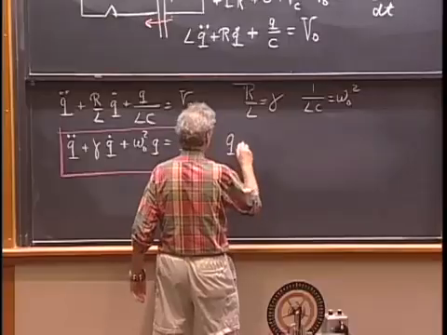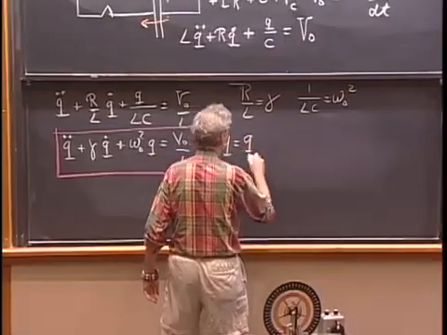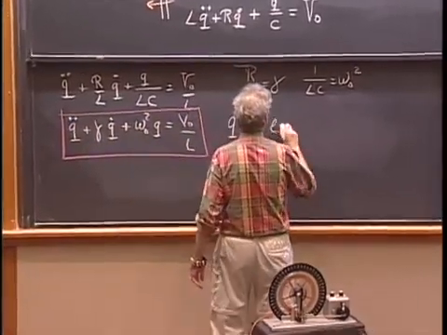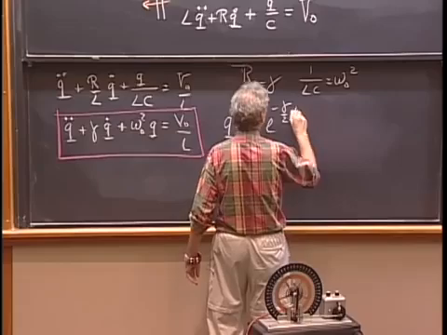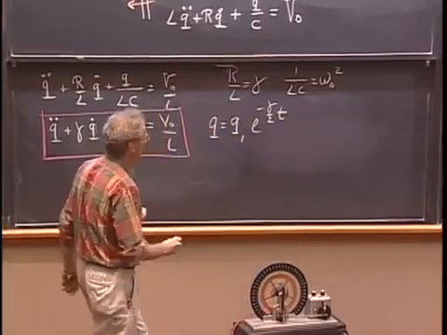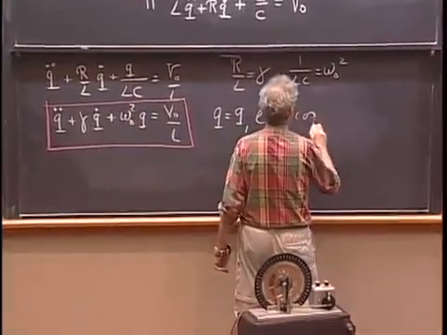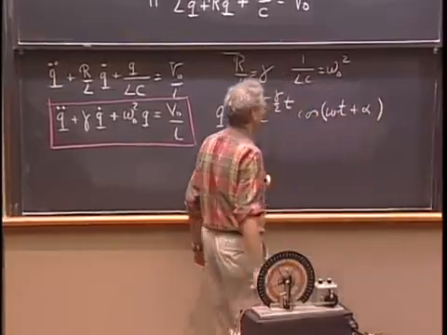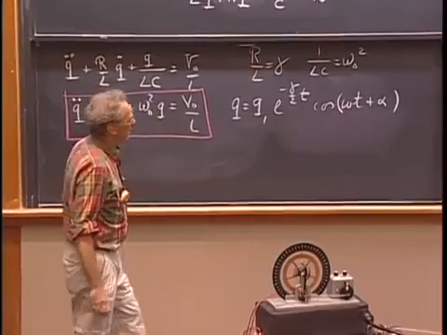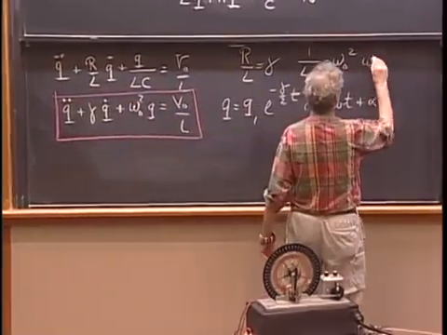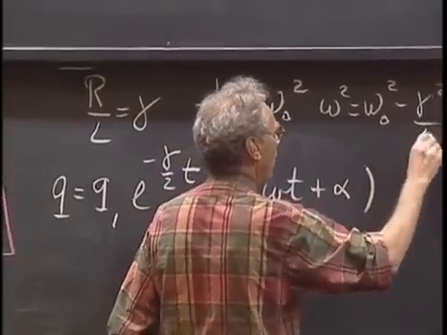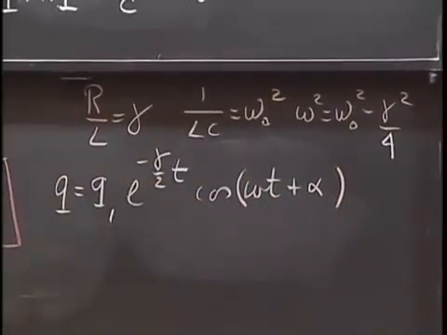Then Q would be some Q1, for which we have an A there, times e to the minus gamma over 2 times t, and gamma is this value, times the cosine of omega t plus alpha, and omega squared is omega 0 squared minus gamma squared over 4.